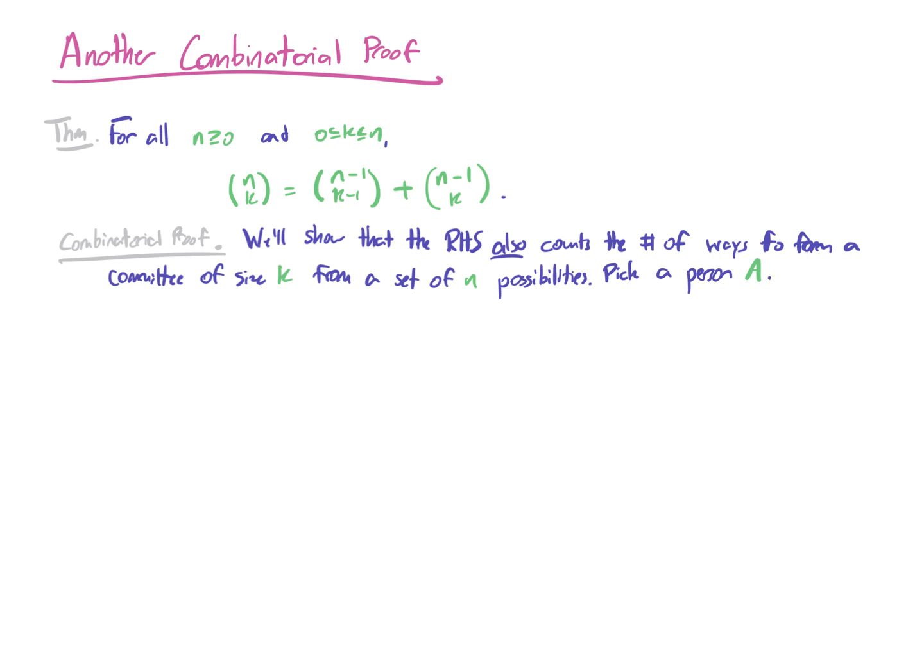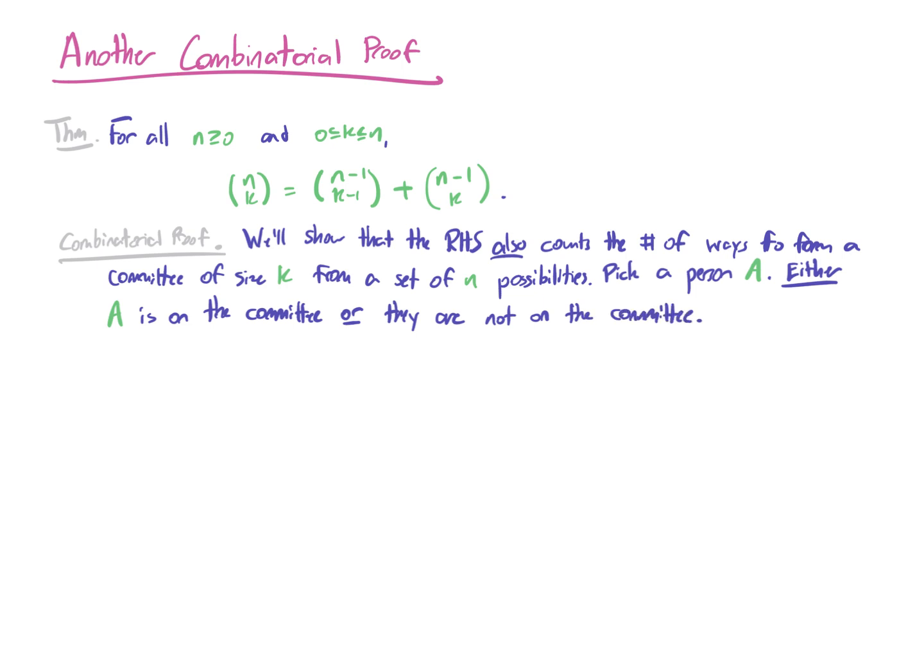So we're going to pick one person, and we're going to focus on them. And here's the thing about that person, and this is where our idea of disjoint choice is going to come in. Either A is on the committee, or they are not on the committee.